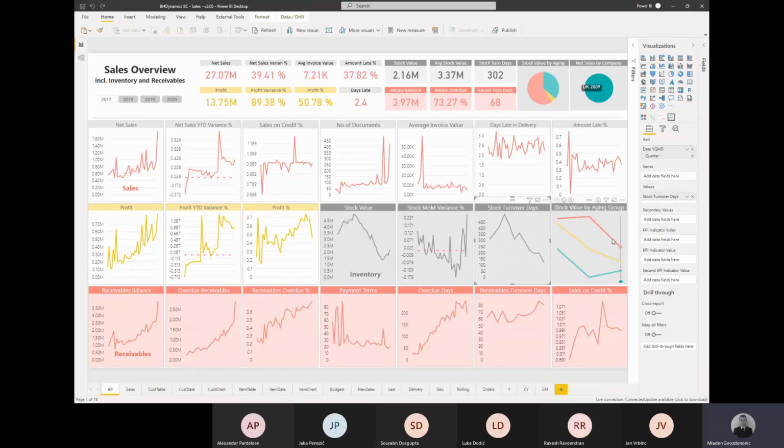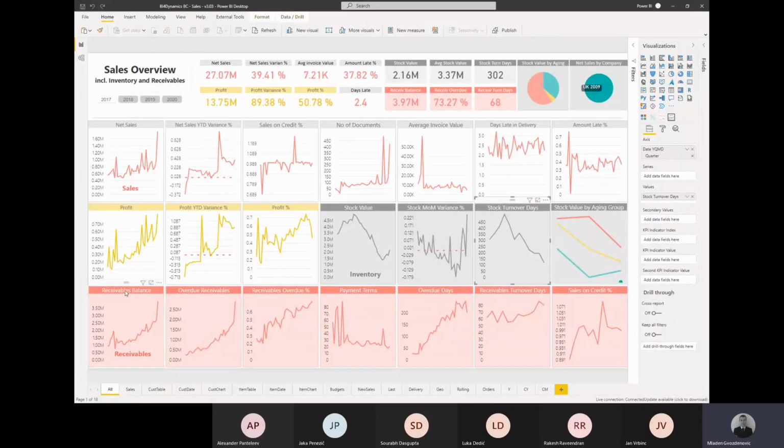And inventory aging, days: for how many days items are not moving in different aging buckets. Items not moving for more than a year, this is the value. Items below 100 days are green, and in between yellow. So these are the KPIs for sales, inventory information on the sales dashboard, and receivables.